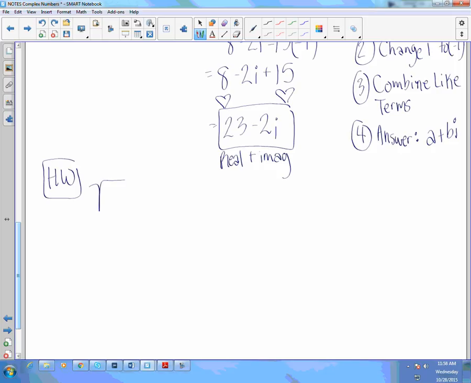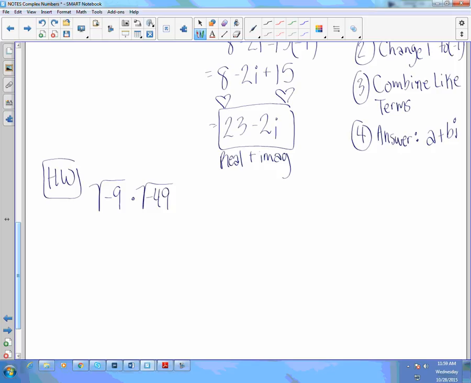One is square root of negative 9 times square root of negative 49. How do we multiply 2 radicals that have the same index? Just like fractions: when we multiply fractions, do we have to have a common denominator?